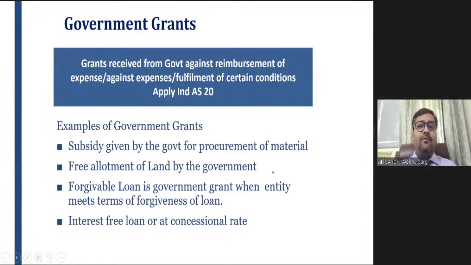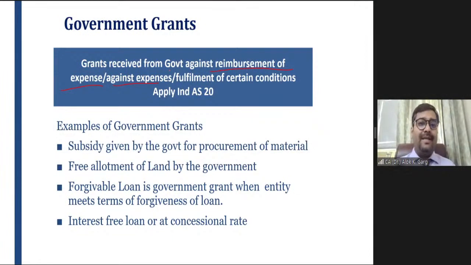So grant received from government against reimbursement of expense. So the entity has already complied with the conditions, and now the entity is asking for the grant. Okay, the grant could be against expenses. Government has told that please come to this location, please start your business, we will support you. So whatever your operating expenses will be, we will provide you the support in terms of operating expenses.